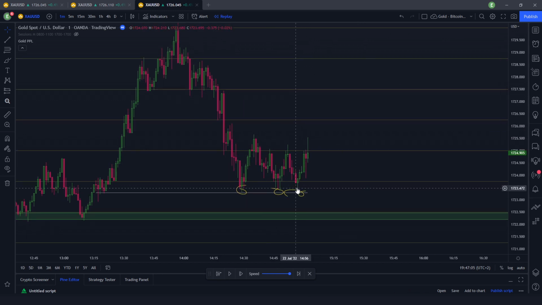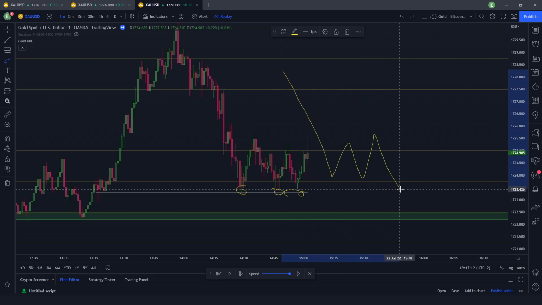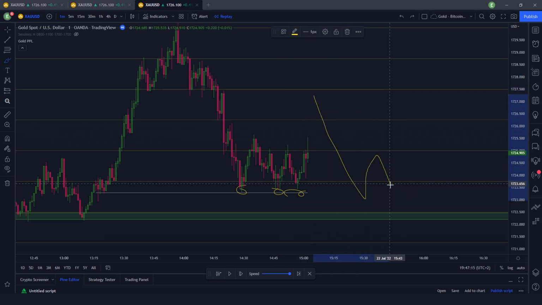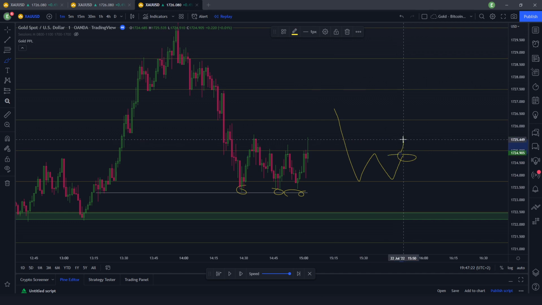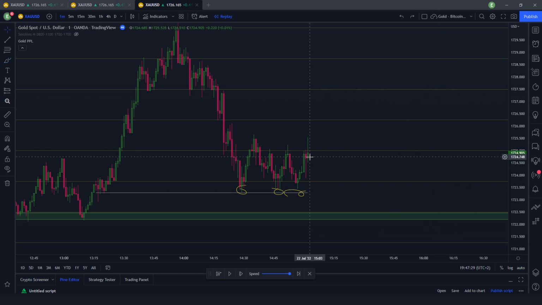Either you enter over here, or you have to wait for the break above this level, because I just showed you, unless we break this previous lower high, if we break it, then price can continue up. But if it doesn't break, the price will likely continue down or grab some more liquidity. So for now, the price is not breaking yet. So you either take buys at this support that I told you, or you wait.